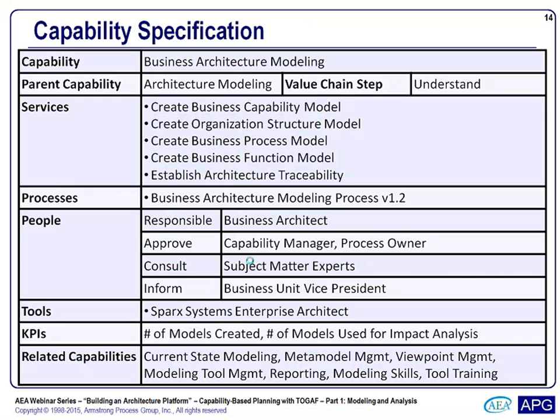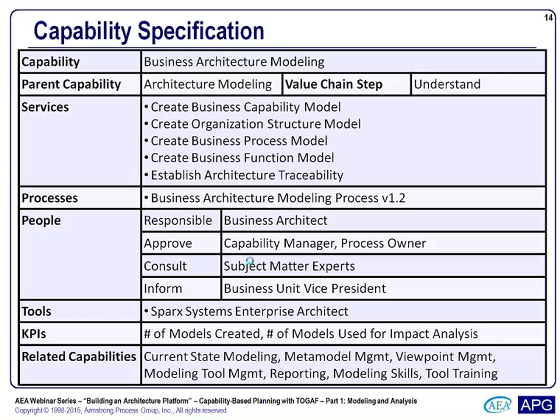And then we see a set of services that are offered to actually operationalize and execute that capability, so being able to create a capability model, oddly enough, create an organizational structure model, create a process model and a function model, and establish traceability. There's a certain version of a process that we're using to perform that capability. So that's the business modeling process version 1.2.